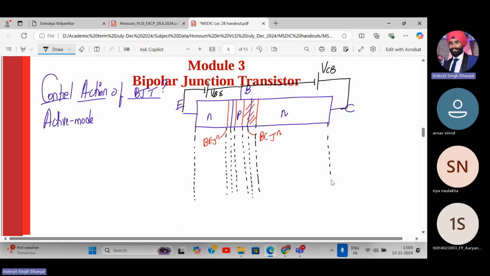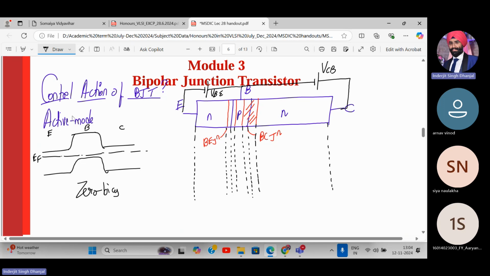So everything I am putting over here. You remember how this energy band diagram was? It was like this, right? This is zero bias. This was emitter, base, collector, and this was EF.